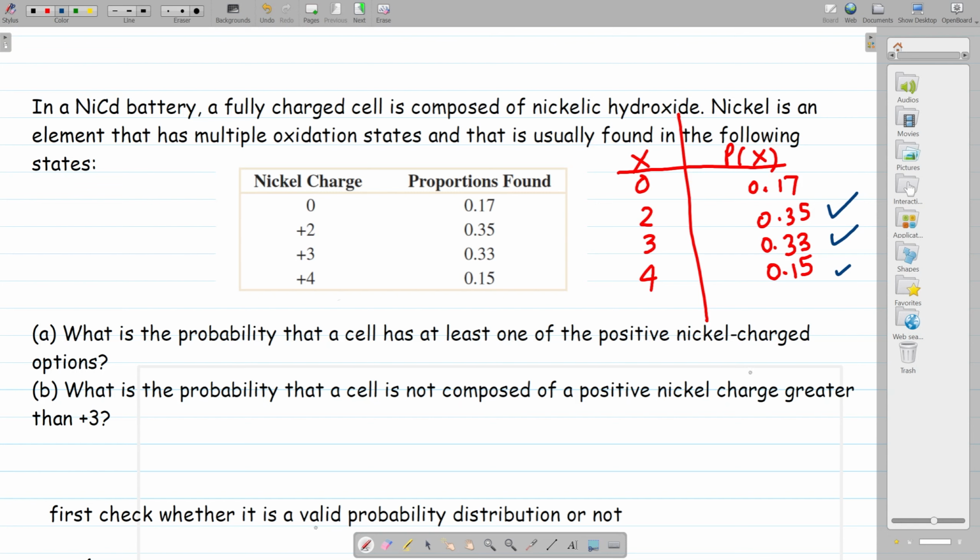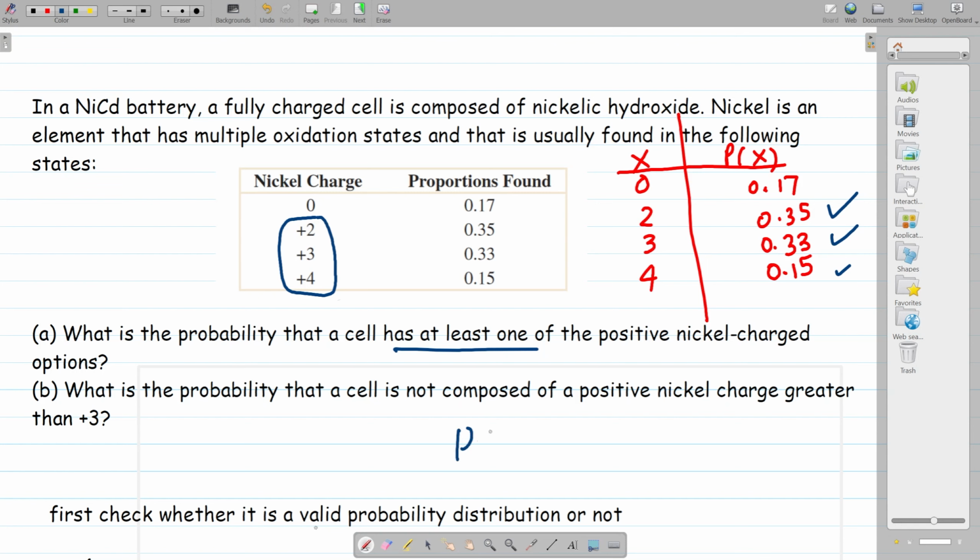What is the probability that a cell has at least one of the positive nickel charged options? At least one means you can have more than one positive nickel charged option. These three are the positive nickel charged options. At least one means you can even have the maximum value, that means all three.